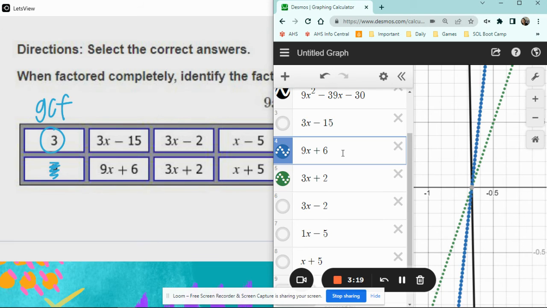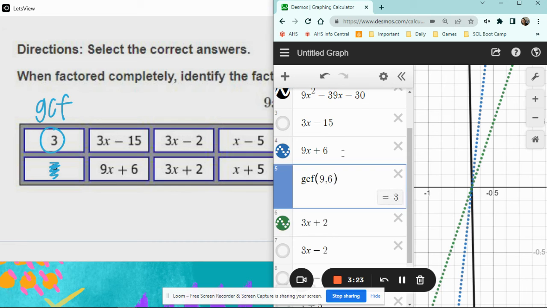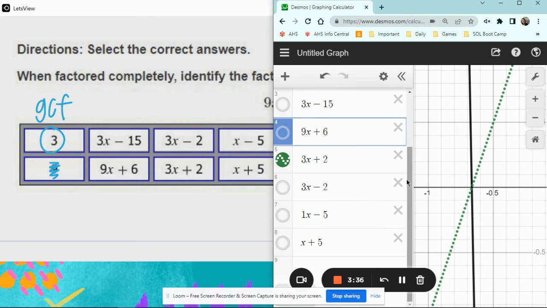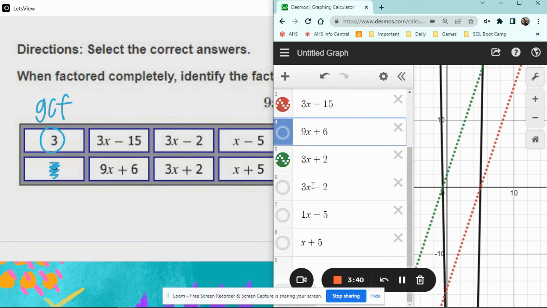The reason is that 9x plus 6 is not completely simplified. There is still a GCF of 3. If you look at the 3 and 2, the GCF is 1. So when in doubt, always go with the one that has the smallest numbers as your answer.